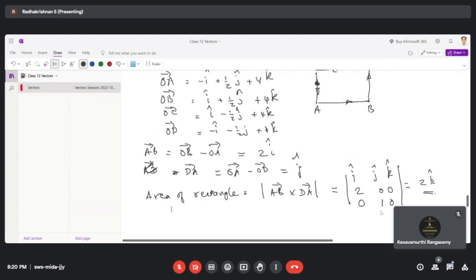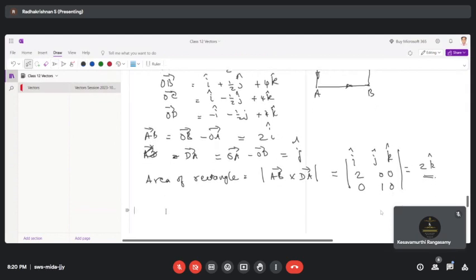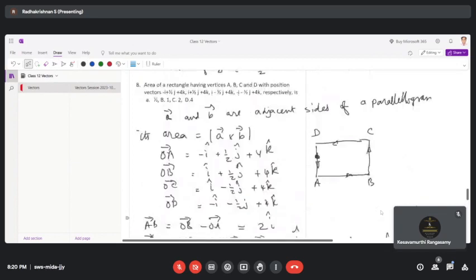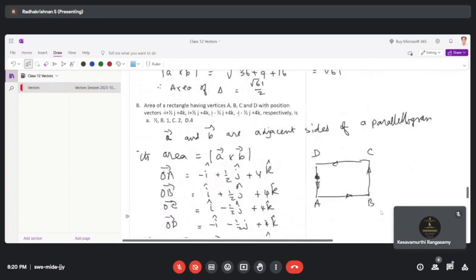Okay. So what is the magnitude of 2k? Magnitude of 2k is square root of 0 plus 0 plus 4, it's simply 2. Okay, that's all. It's an objective type question, so option C.